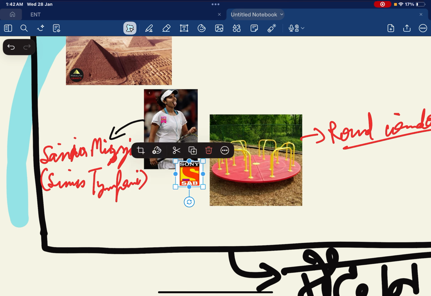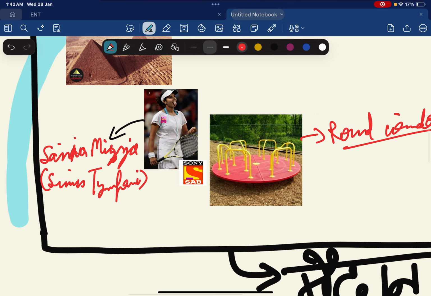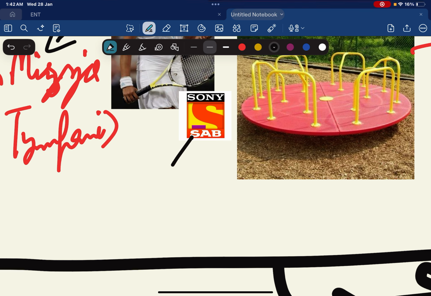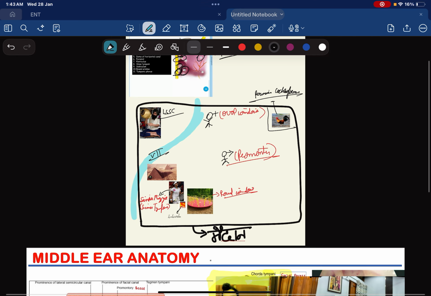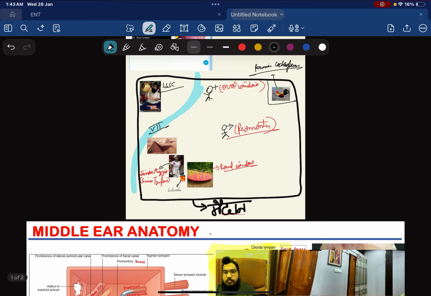So this signifies that below sinus tympani is the subiculum. So this is the mnemonic for the contents.